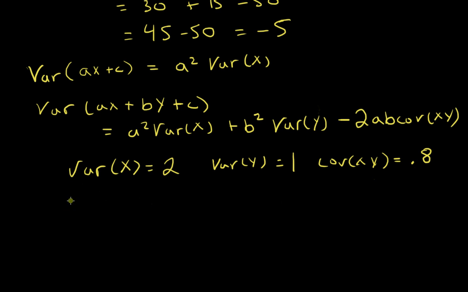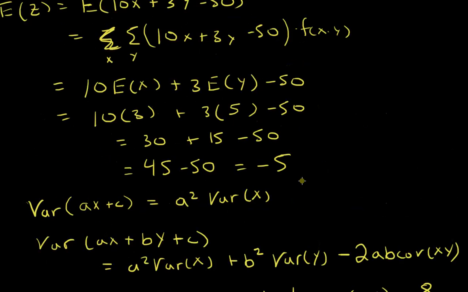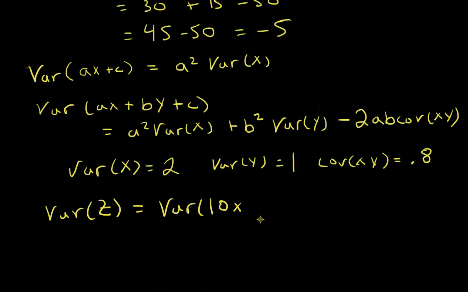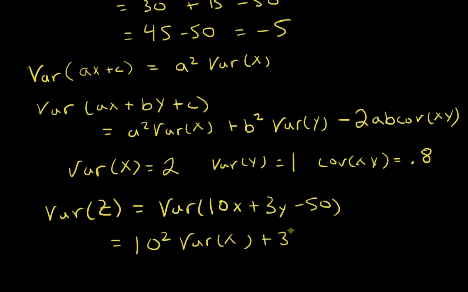Now if we wanted to find the variance of z, then remember this would be the variance of 10x plus 3y minus 50. So this would be 10 squared times the variance of x plus 3 squared times the variance of y plus 2 times a. What's a? A is 10. And b, what's b?